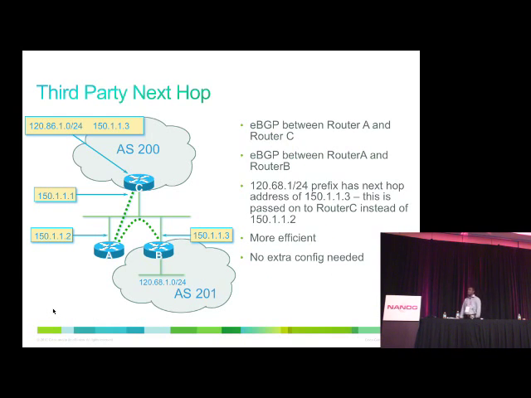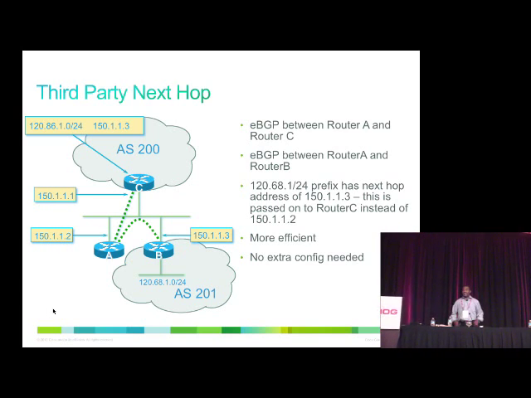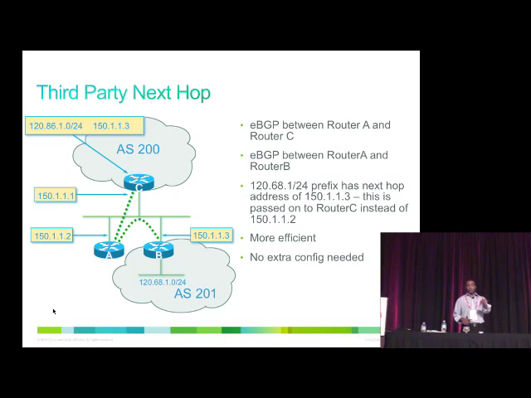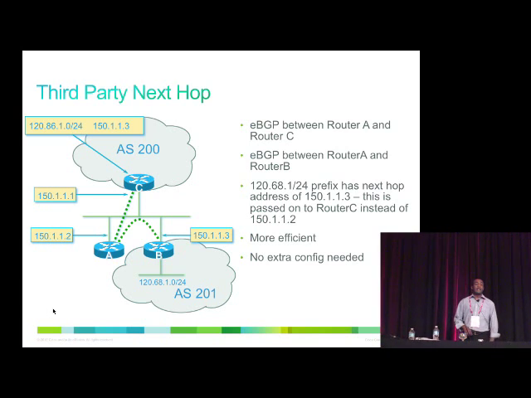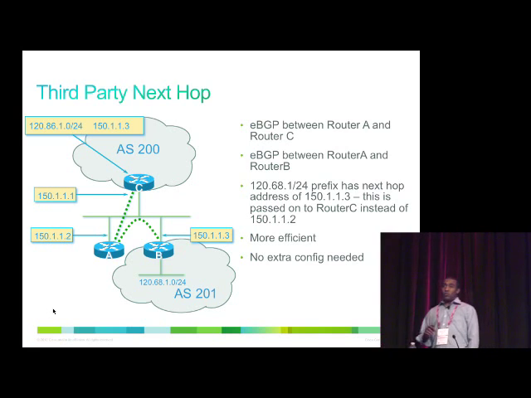Third-party next hop, this is rarely used, but it's important to understand how it works. In this particular case, routers A, B, and C, which are in 3 different autonomous systems, even though only 2 autonomous systems are shown here, are peering with one another with eBGP.